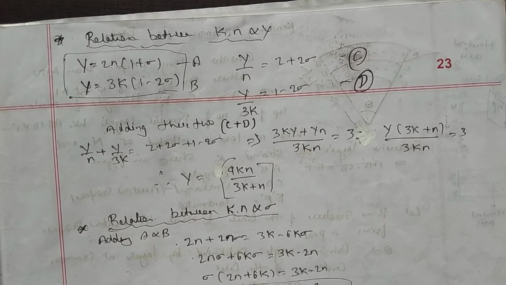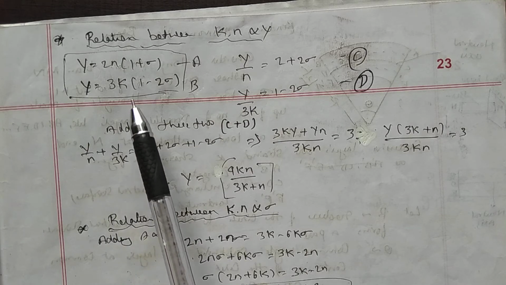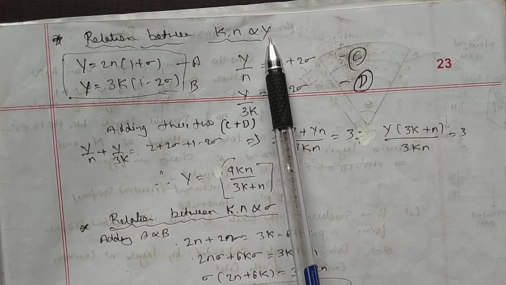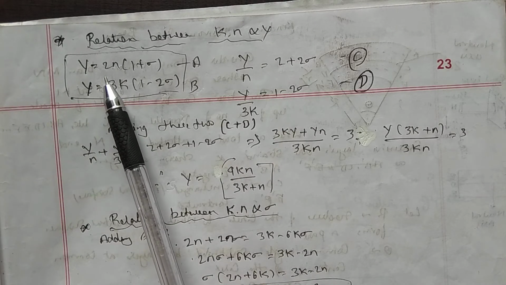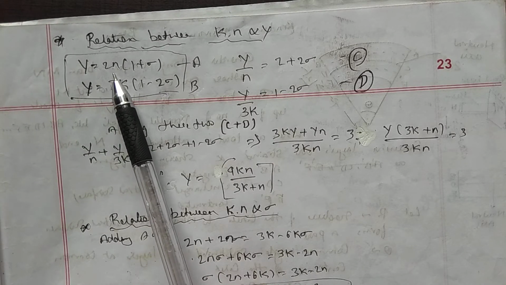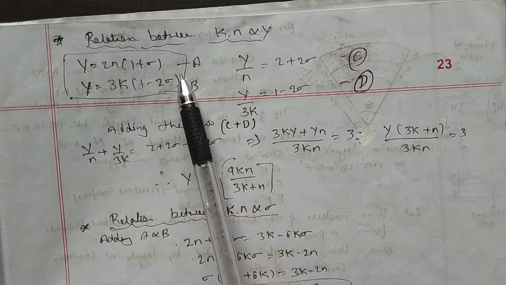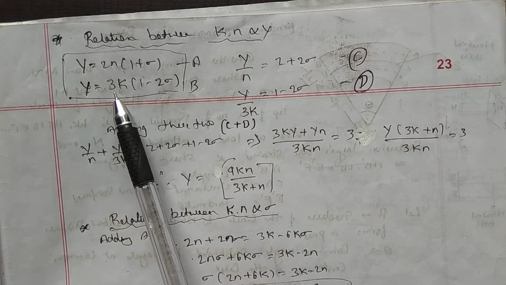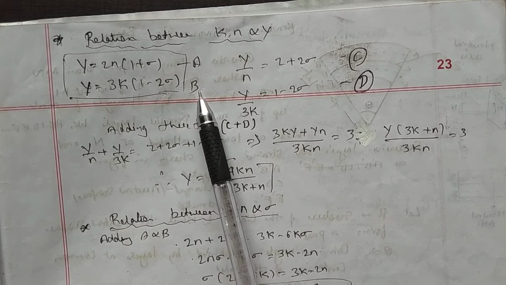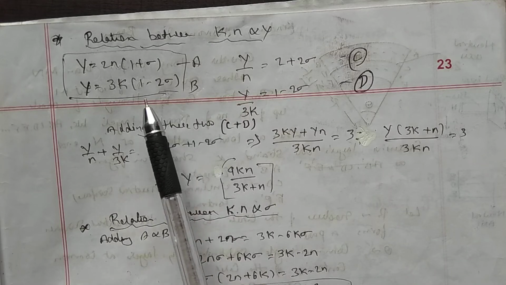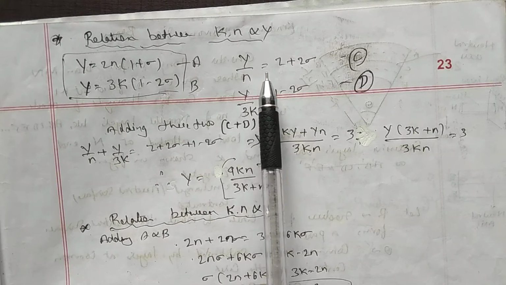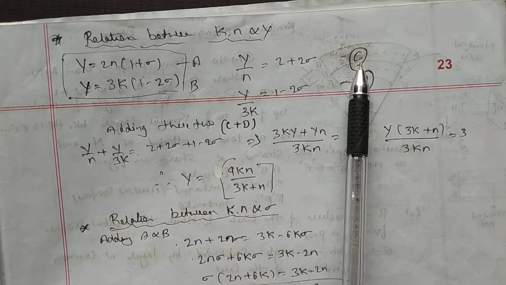Now we would like to establish the relation between K, n and Y. From the previous two equations, we know that Y is equal to 2n into bracket 1 plus sigma. We call it equation number A. Just now what we proved, Y is equal to 3K into 1 minus 2 sigma, that is equation number B. So equation A may be written as Y by n is equal to 2 plus 2 sigma.